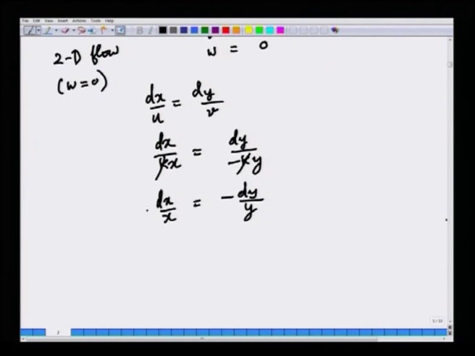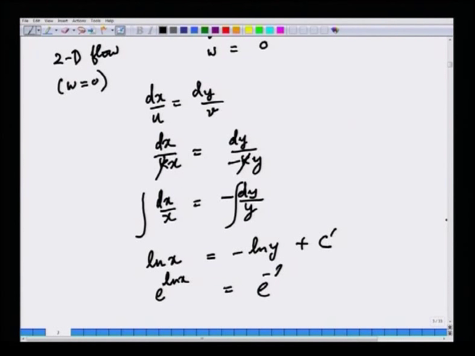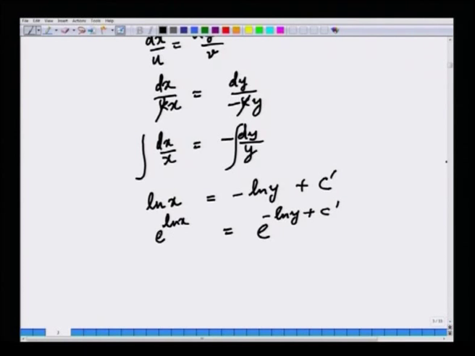If I integrate both sides, I get log x equals minus log y plus some constant c prime. If I exponentiate both sides, I get e to the log x is e to the minus log y times e to the c prime. E to the natural log of x is simply x.